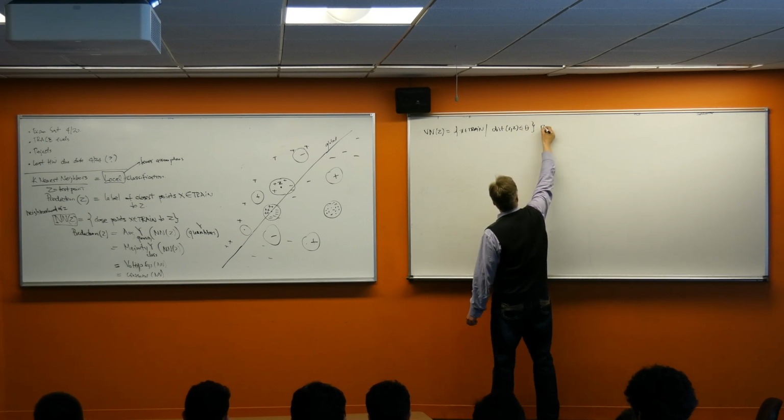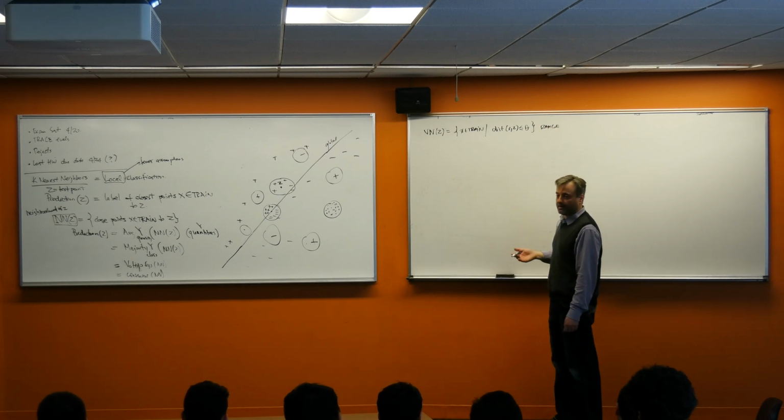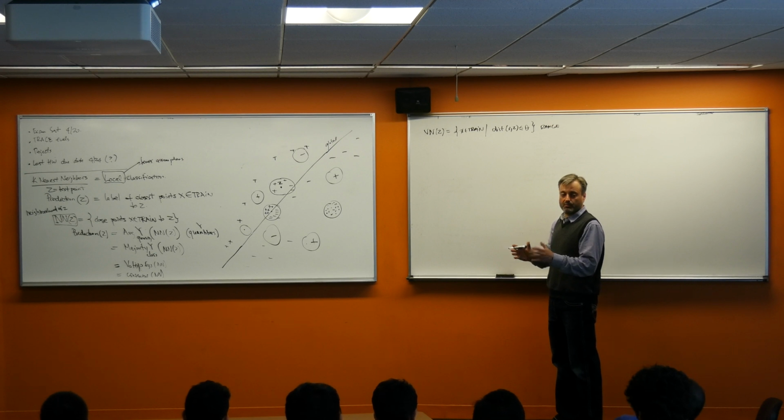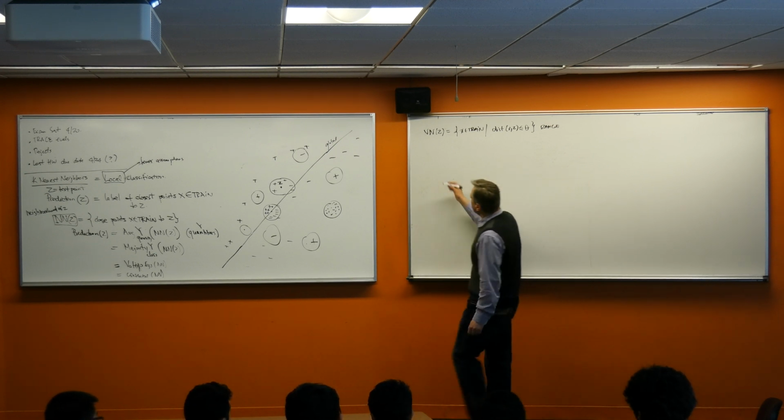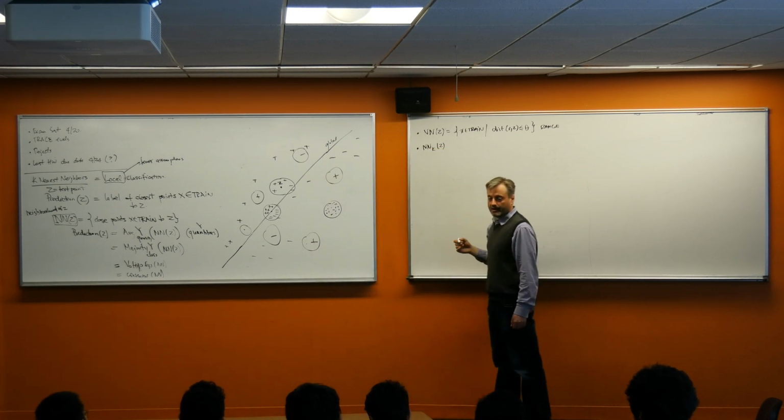This is based on range. It's saying that everybody who's that close to my point is part of the neighborhood. Or the other option is kNN of Z. I have this parameter k here.